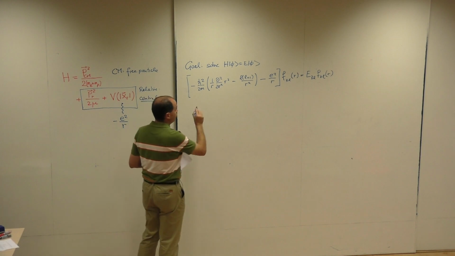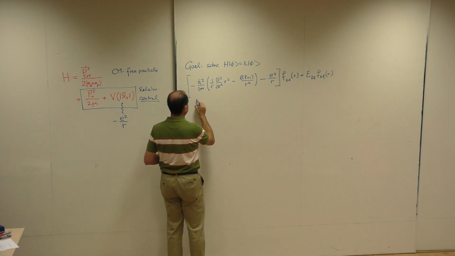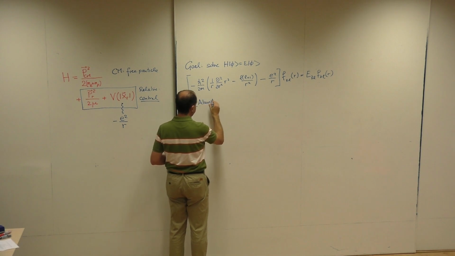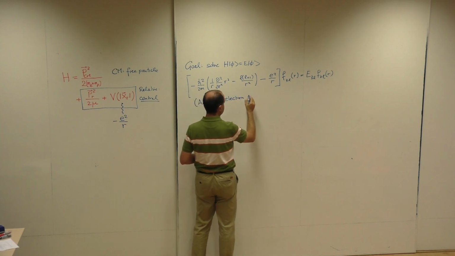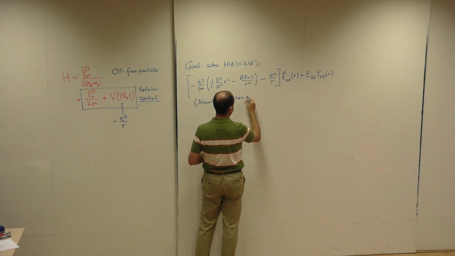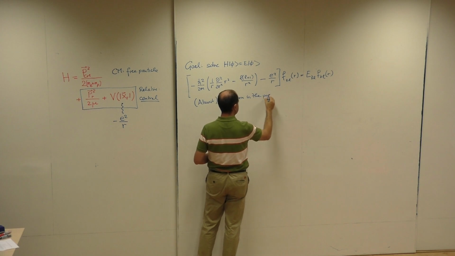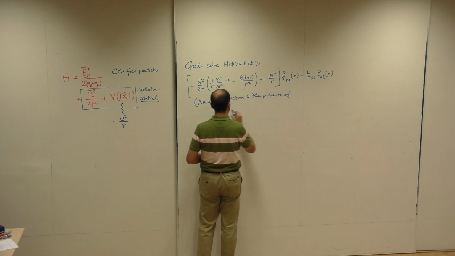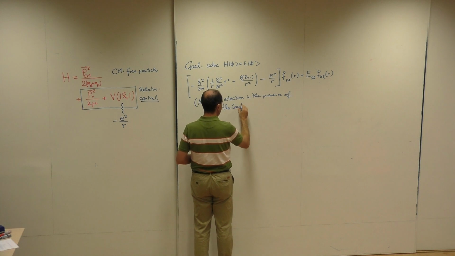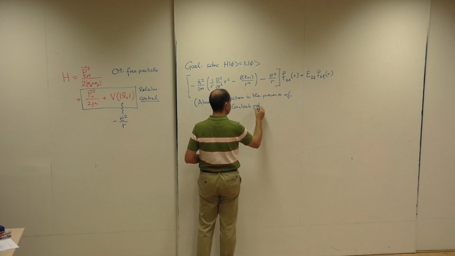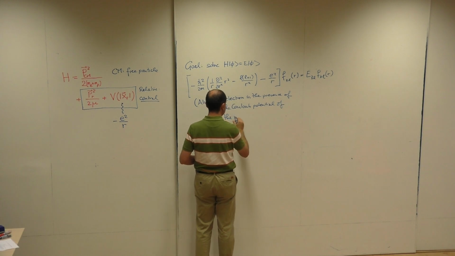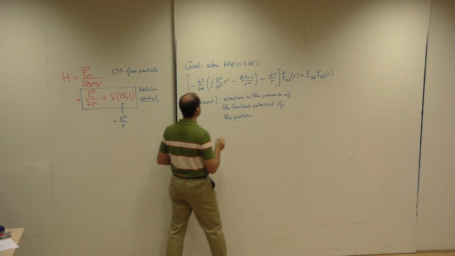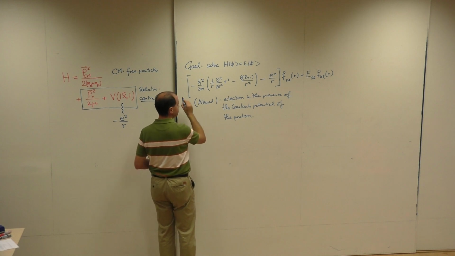And the interpretation is almost an electron in the presence of the Coulomb potential of the proton. That's what is called hydrogen atom.